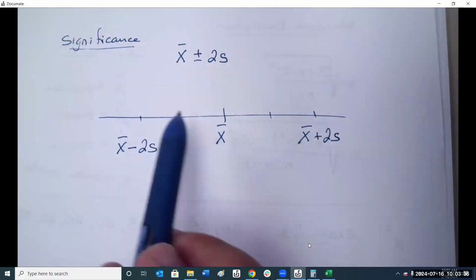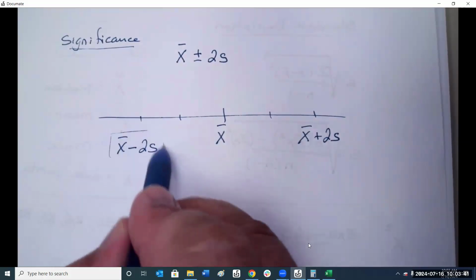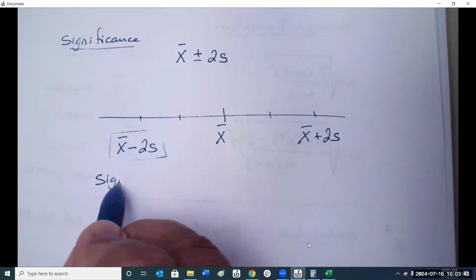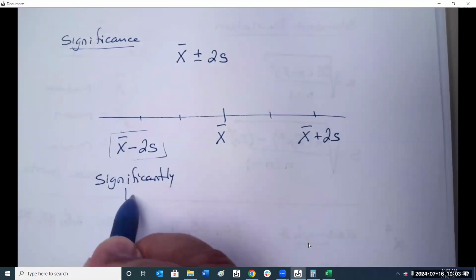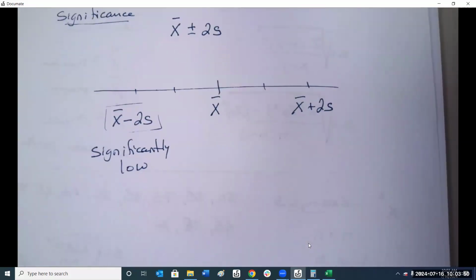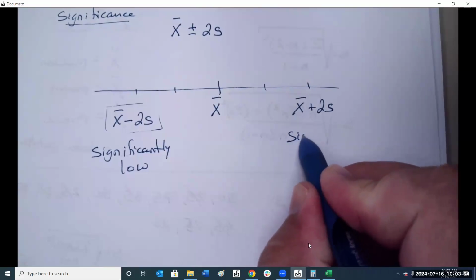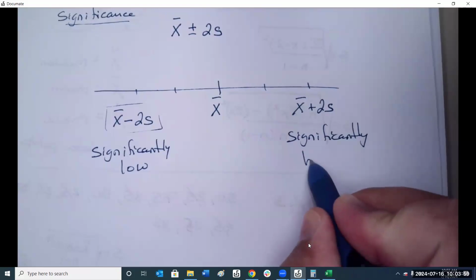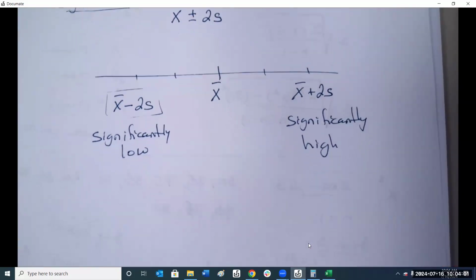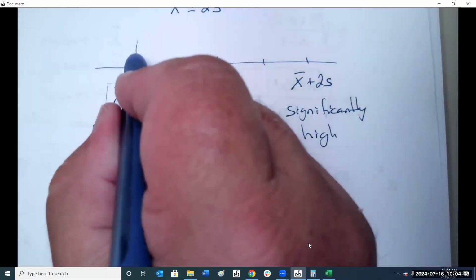For significance, if it's below this number, then that is significantly low. If it's above, what do you think that's called? Right. What do you think everything between there is?